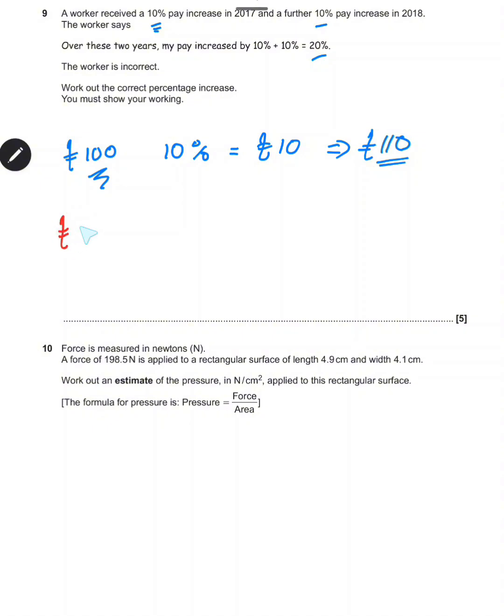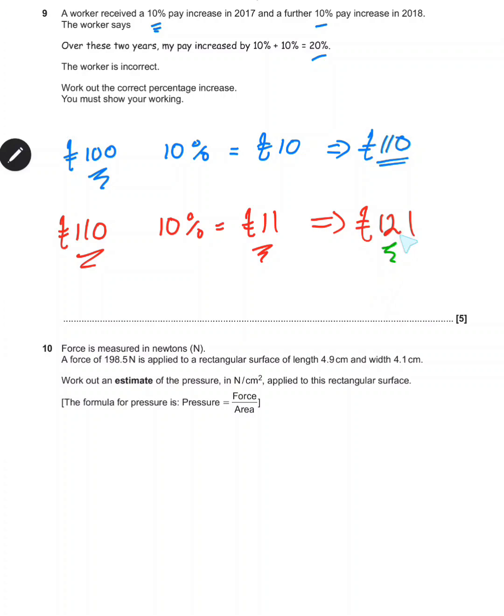If we do another 10% increase, we're now starting with £110. So let's find 10% of that. It's not the same £10. 10% of 110 is £11. And if we go up by a second 10%, we do 110 add 11, which is 121. This here is showing that you have not gone up by 20%, because 20% of 100 is 20.